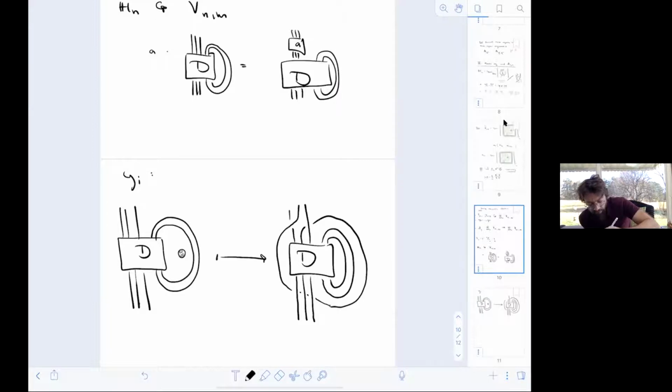All the crossings are positive. Let me make sure that I didn't make a typo here, I'm sorry.